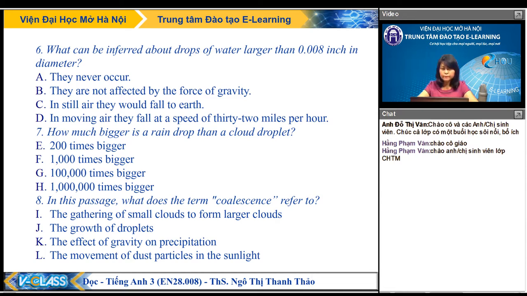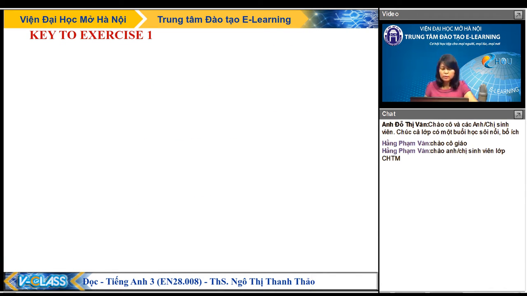Alright, so I hope that you just got your own answer. Now, look at the screen here and compare the answer here. For the first question, what is the main topic of the passage?